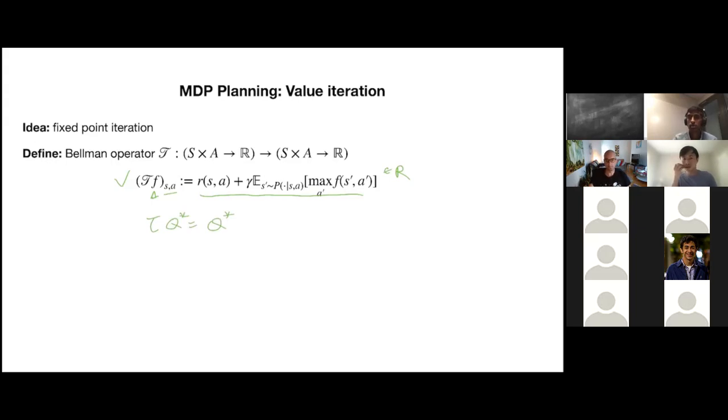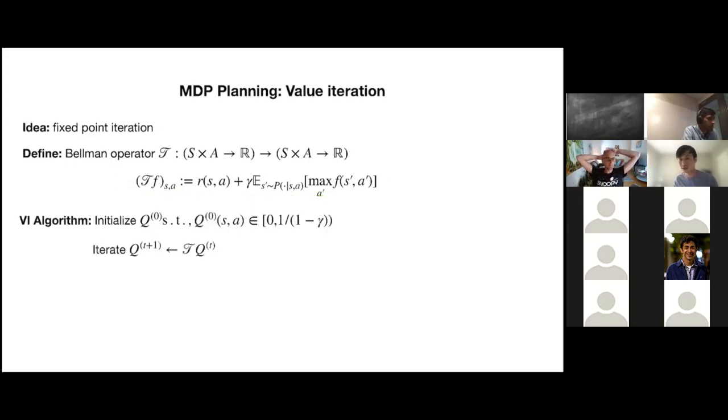That suggests an algorithm. We define the Bellman operator, and we know that the thing we're trying to search for, the optimal policy's Q function, is a fixed point solution of this operator. So why don't we just keep iterating and hope for convergence of this fixed point iteration procedure? That's exactly what the value iteration algorithm does.